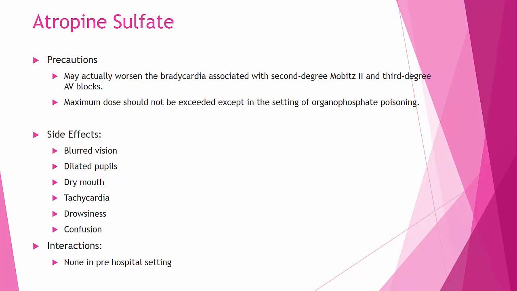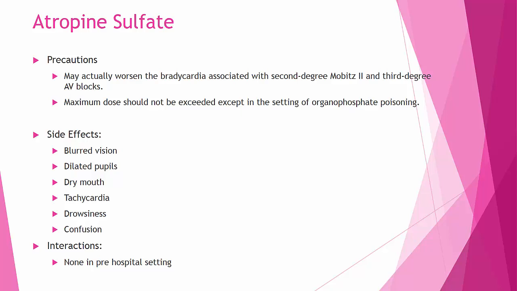Precautions. All right, if it is a bradycardia that is associated with a high degree heart block, a second degree type 2 or a third degree, it can actually worsen that bradycardia. All right, make sure that you have pacing available. And like I said, you don't want to exceed that maximum dose, except in the setting of organophosphate poisoning, because you can have some pretty nasty side effects.